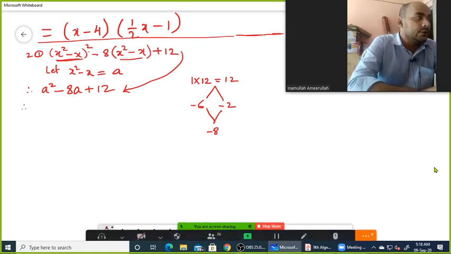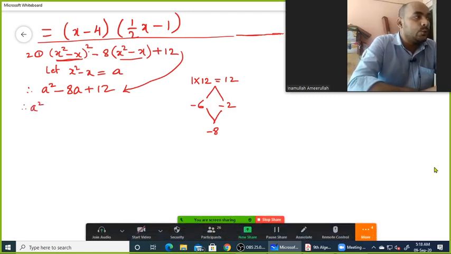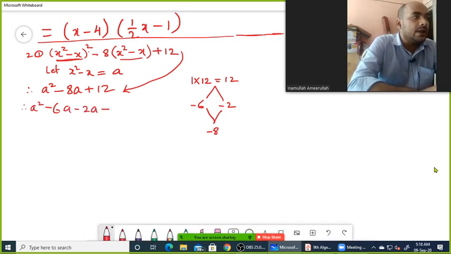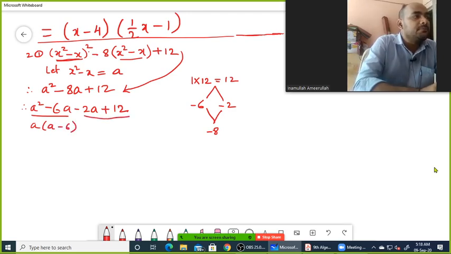So this equation will look like this: a square minus 6a minus 2a plus 12. Then we can find the common factor from the first two. So a is common, so a minus 6 is left. From the second pair we can take out 2 as a common factor, so we will be left with a minus 6.